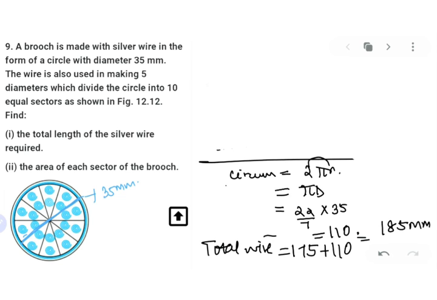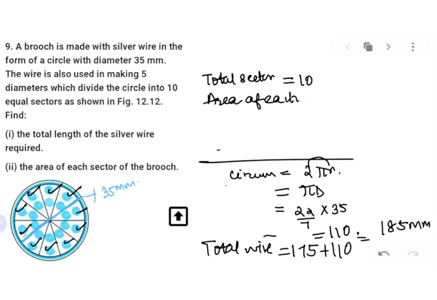Yes, the total number of sectors is 10. So there are 10 sectors in this brooch. Can I say the area of each sector will be the area of circle upon 10? Can we go like that? Yes. So it's better we go like that. You have to find the total area of the circle and divide it by 10.